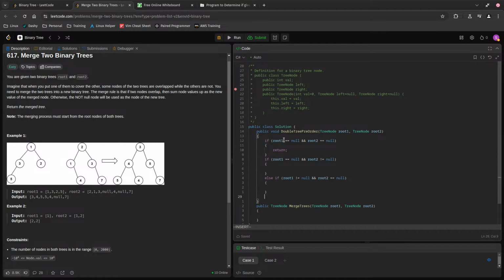So then right here we're going to do the double tree pre-order root 1 dot left, root 2 dot left, root 1 dot right, root 2 dot right.